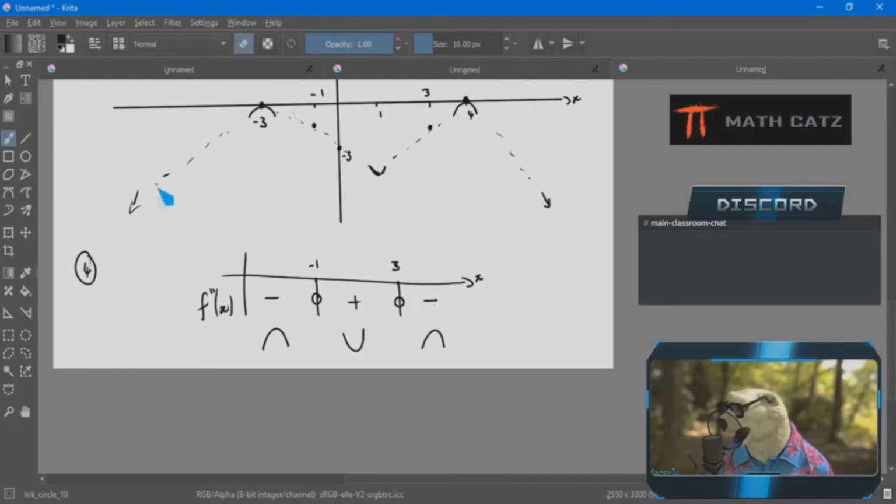So let's get through to our first inflection point. Clear all the temporary stuff that I did to help me remember. I'm going to try and hit that point, but if it's very inconvenient, I'm not going to. So I know there's a horizontal tangent here, so I'm just going to go wee. Sound effects definitely help a lot.